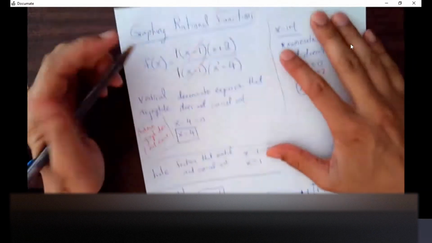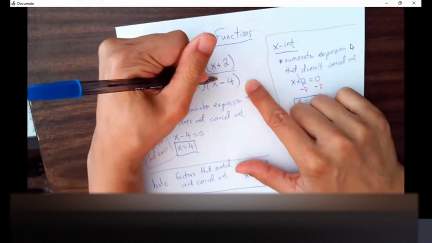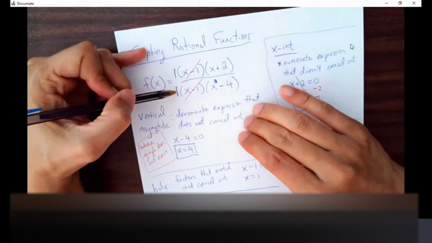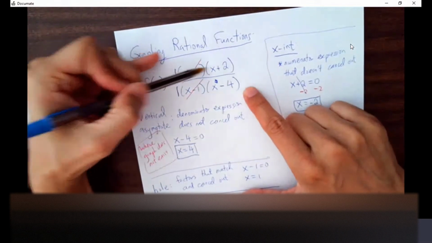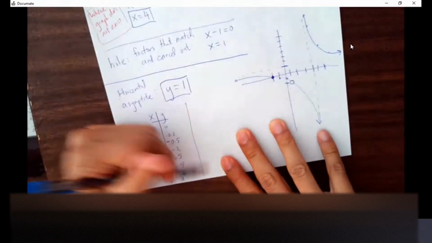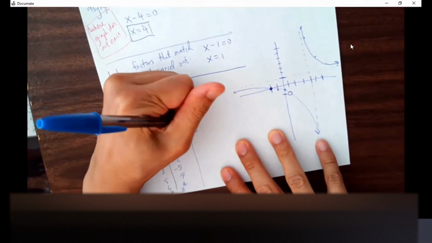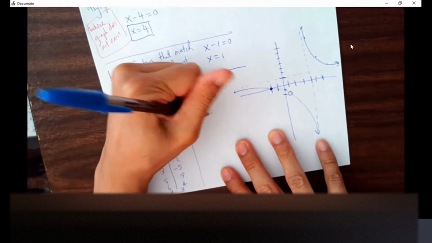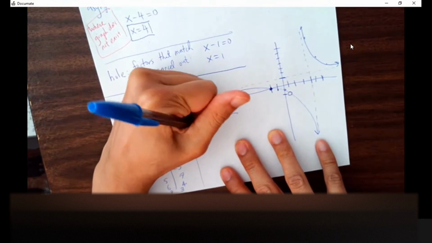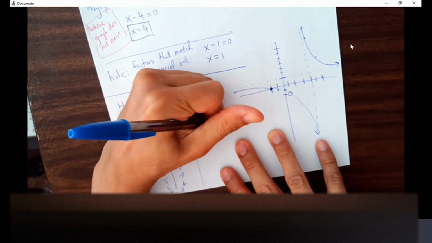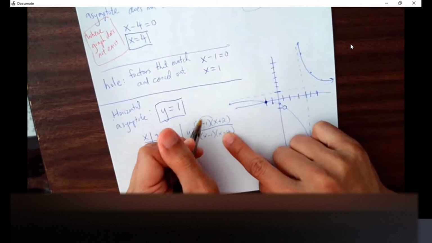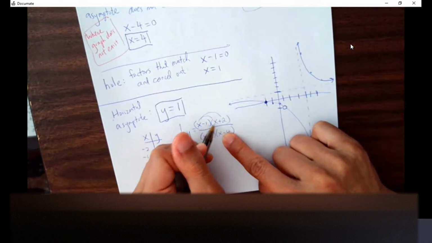Oh, I forgot one more thing we have to do. It says to put it in standard form. So standard form means we have to FOIL all this out. Let me show you what that looks like. If I take my function and FOIL this out, I'm going to distribute the x through, then distribute the -1 through.